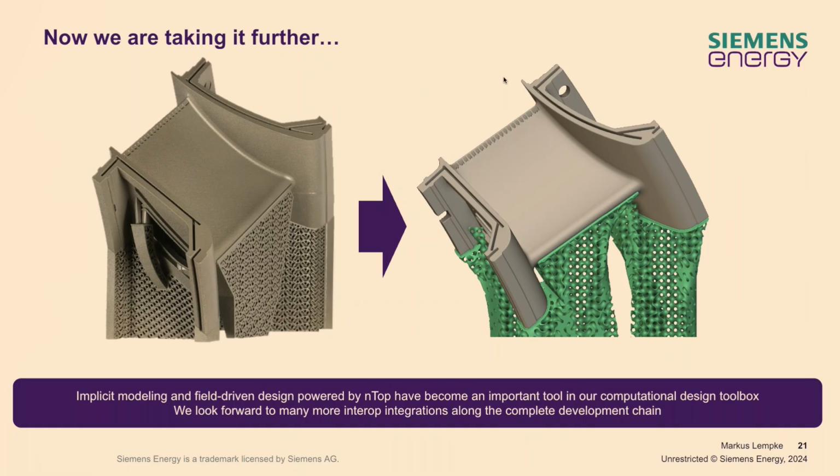This is what it looks like if you do the optimization together with the topology optimization also. Because that's work in progress, we don't have numbers yet, but as I told you, that was 50% material reduction already, and we're looking at 30 to 40% more now with this kind of support structure where we also go to very, very thin walls.